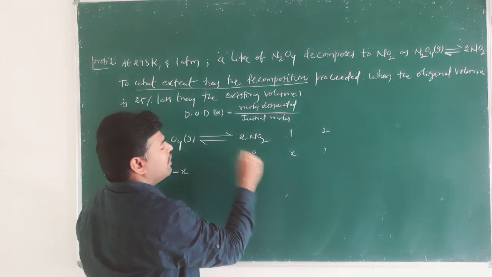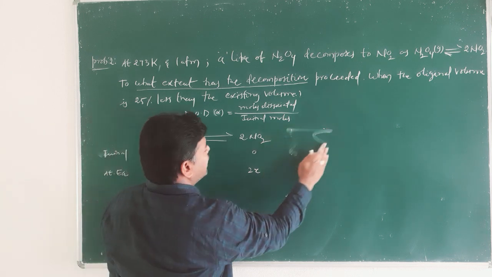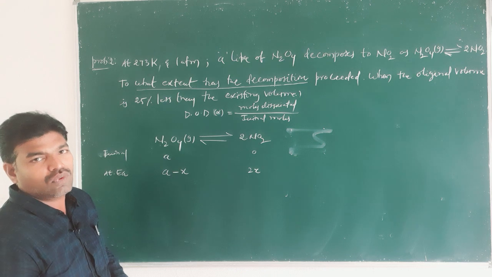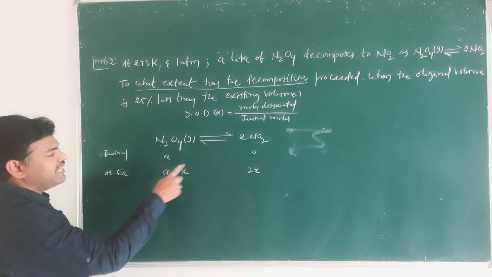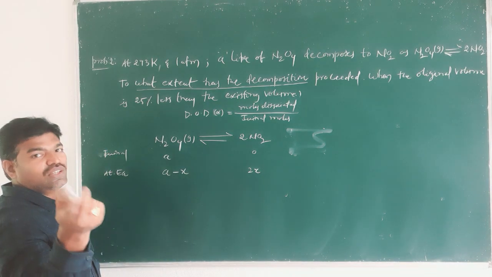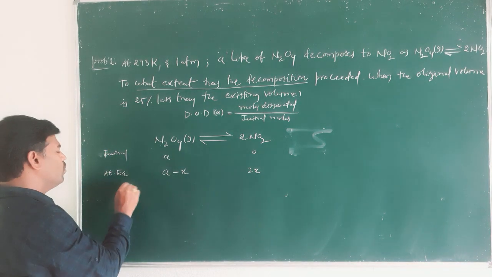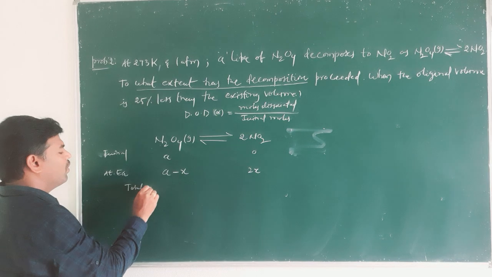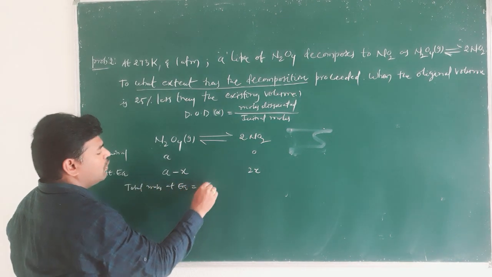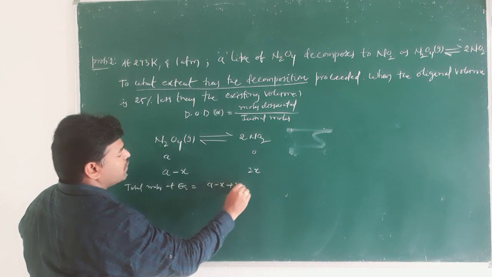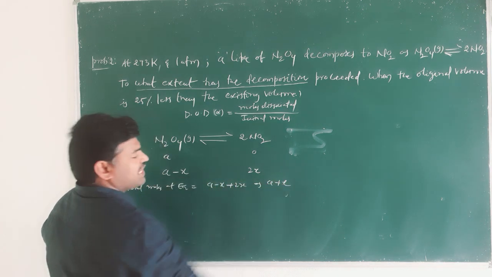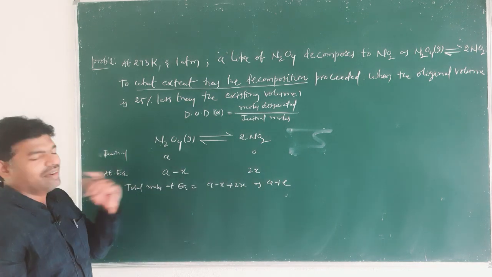So 2x moles of NO2 is formed. When we add these, total moles at equilibrium is A minus x plus 2x, that is A plus x.